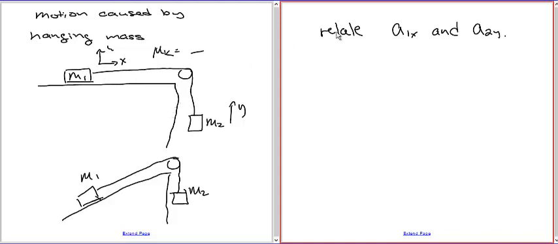So you'll need to relate those two. It's going to be a1x equals plus or minus a2y. That's what you got to figure out, which one makes sense. You just have to look at the way the coordinate systems are defined.